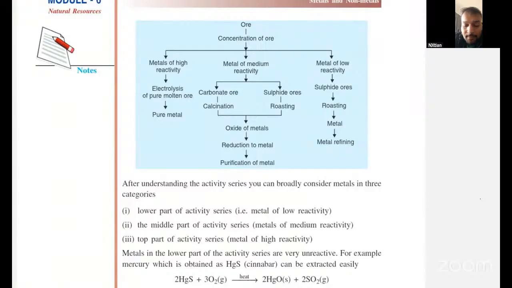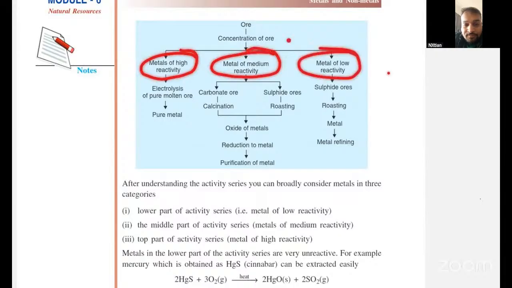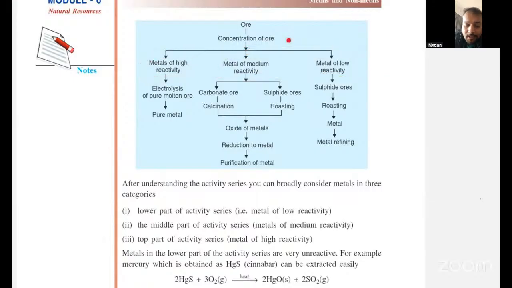Now there are three types of reactivity: first is high reactivity, the second is medium reactivity, and the third is low reactivity. In the high reactivity, we have to do electrolysis, means electrolytic refining, that we're going to learn, then pure metal. If medium reactivity is there, two types of ore are there: carbonate ore and sulfide ore.